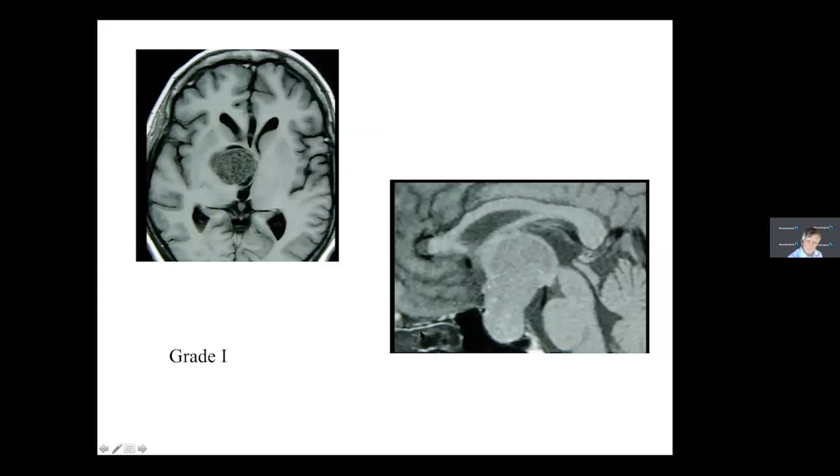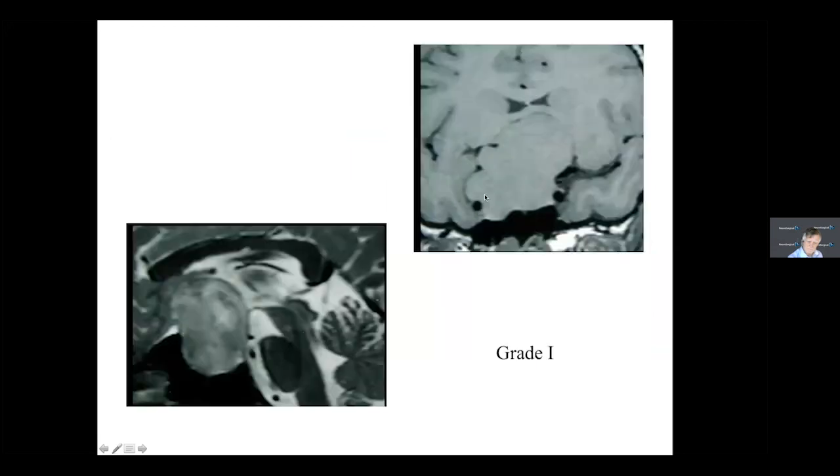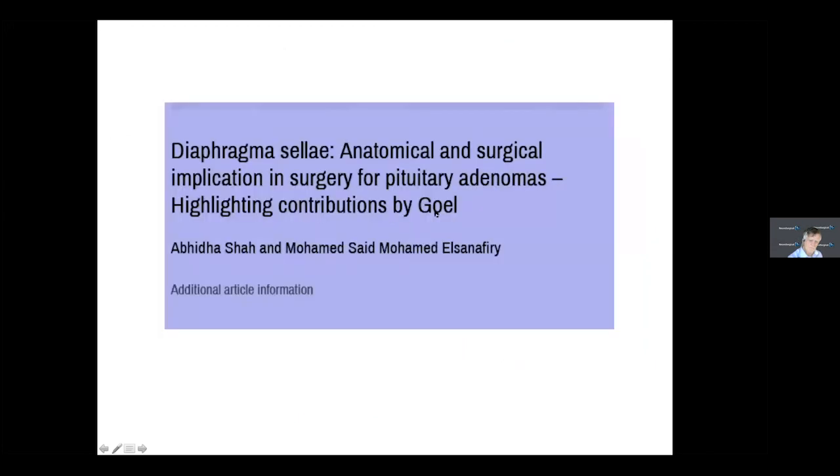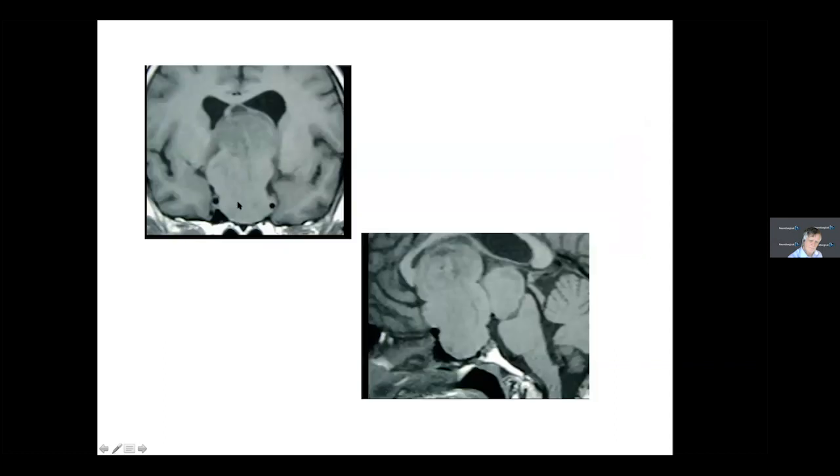It is not going into the cavernous sinus. These kinds of tumors we call grade 1 tumors. This is grade 1. You see, it is not encasing the carotid artery. The diaphragm is intact. These are grade 1 tumors. So this was one of the papers that was written.